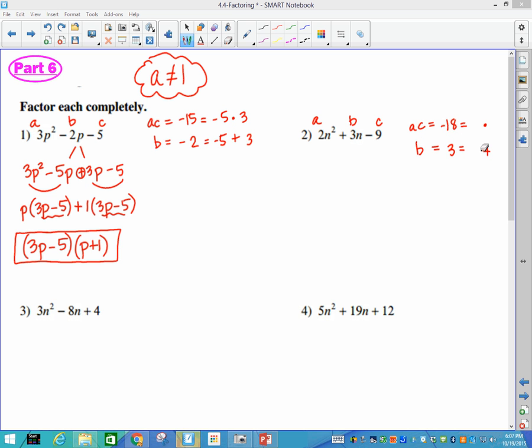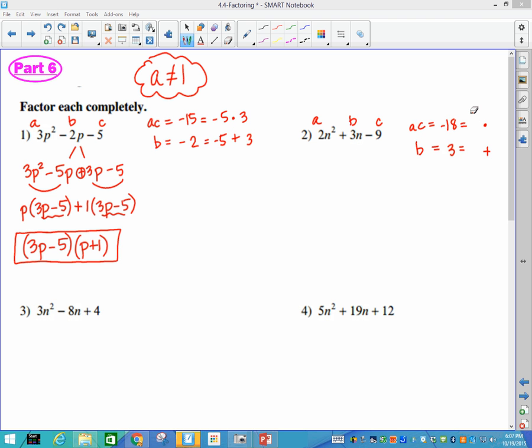And I'm looking for two numbers that add to give me that. So first thing I'm going to try is -9 and 2, and that of course does not give me 3. But this is kind of where you subtract the numbers to get to that 3. So we're looking for the factors of 18 that have a difference of 3.